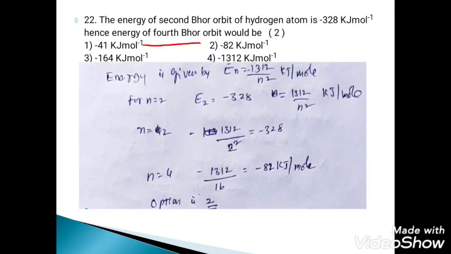So here we just have to use the formula. As it is in kilojoule per mole, we have to use that formula: En is equal to minus 1312 by n square, where n is the number of the orbit. For n is equal to 2, we substitute. For n is equal to 2, E2 is equal to minus 328, as has been given.